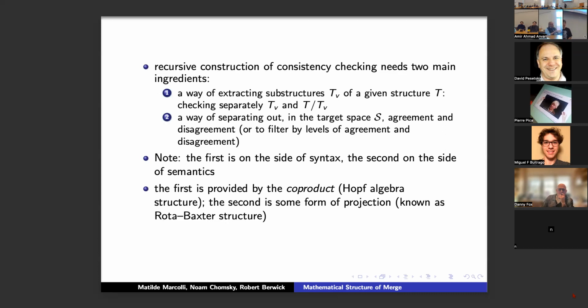What is this structure on the target space that allows you to do this filtering out, separating agreement and disagreement? This is also an algebraic structure, but it's not the same. This map is not a structure-preserving map. The coproduct is only on one side, and this other structure is only on the other side. It goes under the name of Rota-Baxter algebra or Rota-Baxter structure.